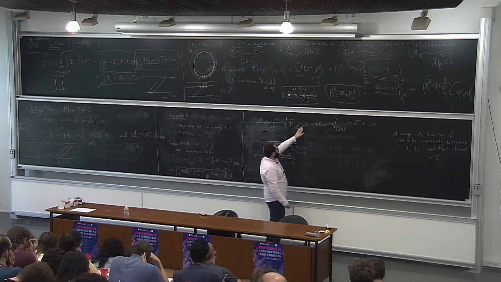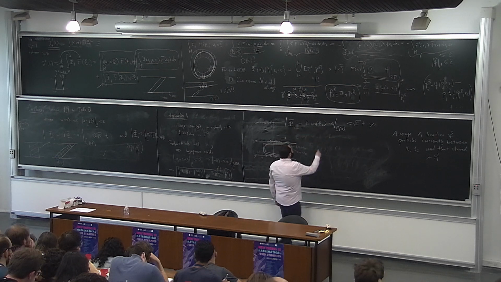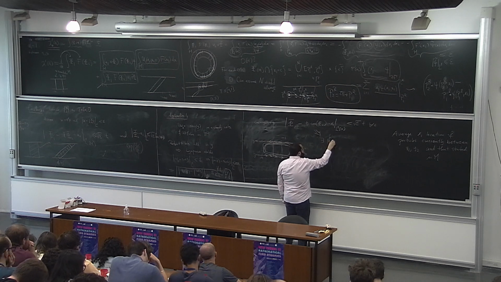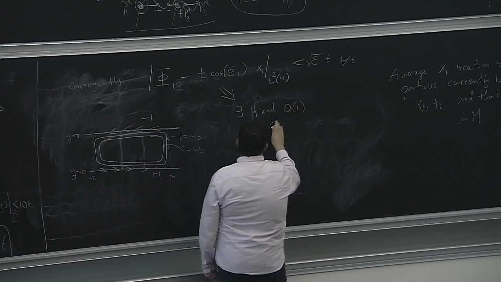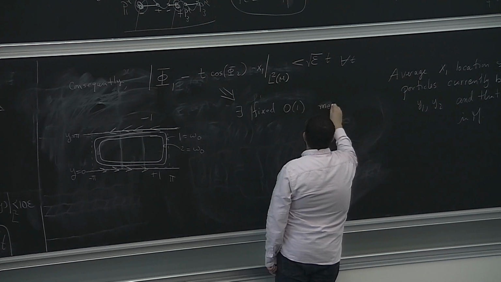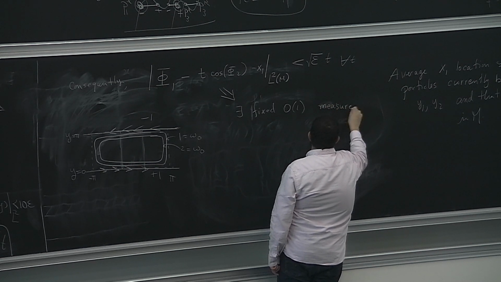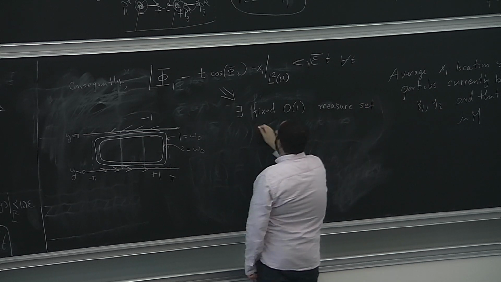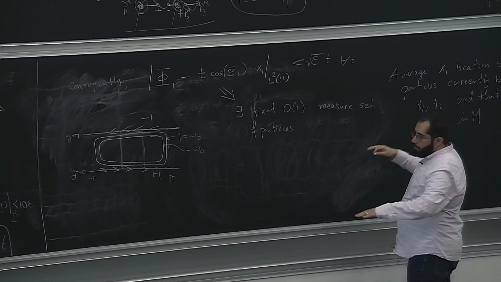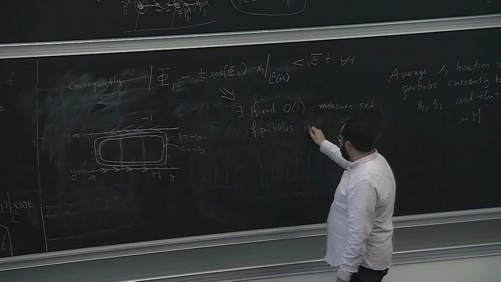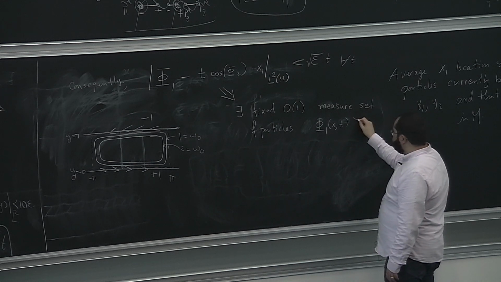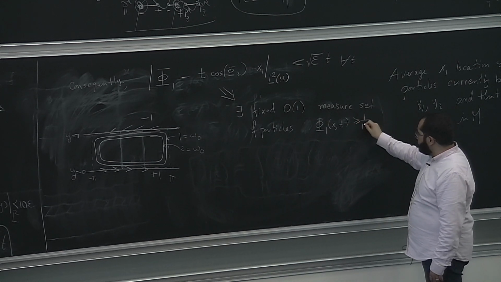And now you have this. So this implies that there exists a fixed, say, order 1 measure set of particles that when you lift it, phi 1 of x comma t is bigger than, say, 1 over 10 t.